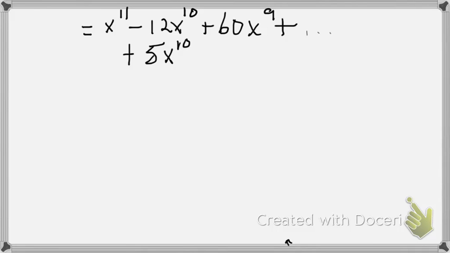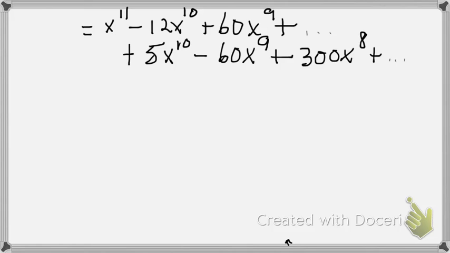And notice I'm lining up the degrees of the powers underneath each other. 5x to the power of 4 times negative 12x to the power of 5 is negative 60x to the power of 9. And then 5x to the power of 4 times 60x to the power of 4 is 300x to the power of 8. And we would just continue on with that pattern.